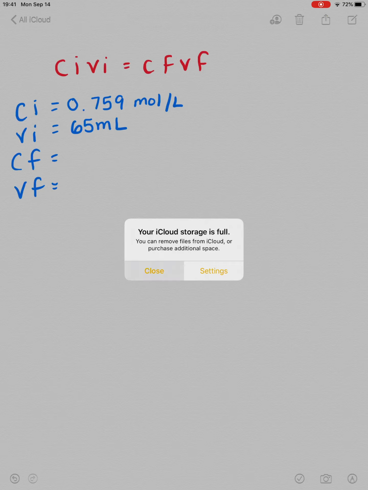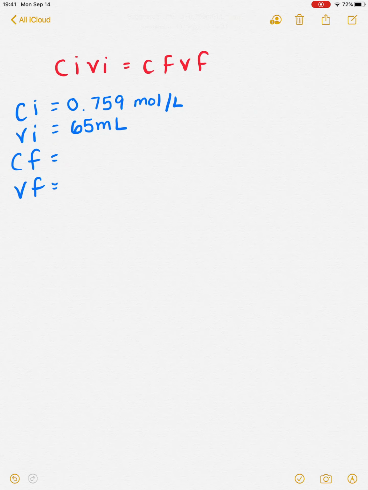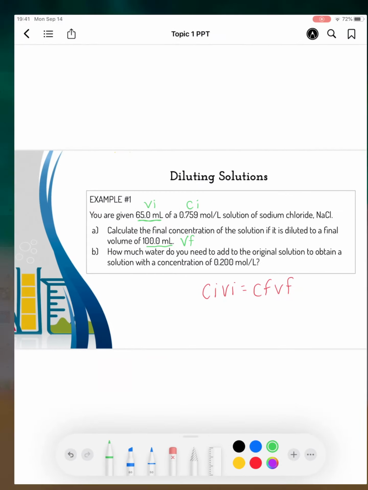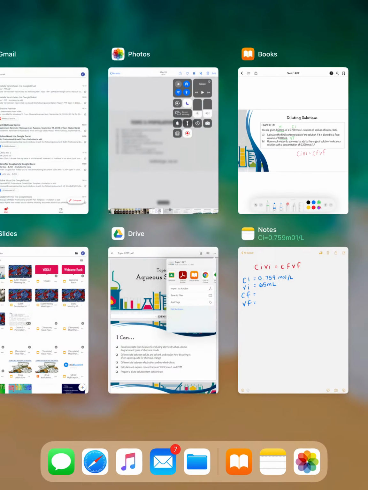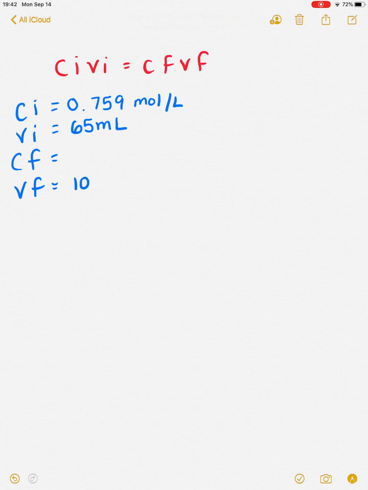Make sure that you're putting in your units, because that's important. And then in A, it says our VF is 100 milliliters. So we've got our 100 milliliters for our VF. The piece of information that we're missing here is our CF, so we can calculate for that.